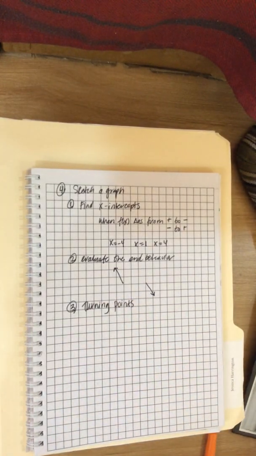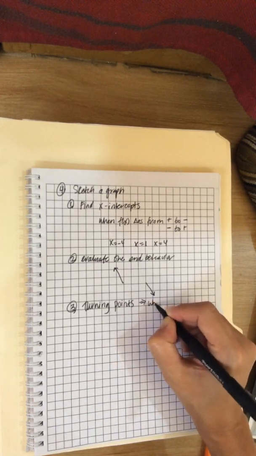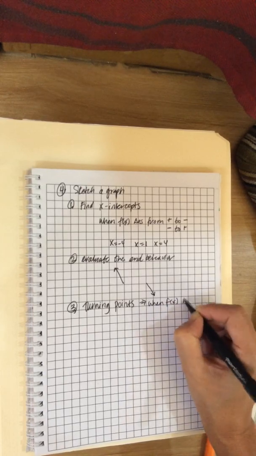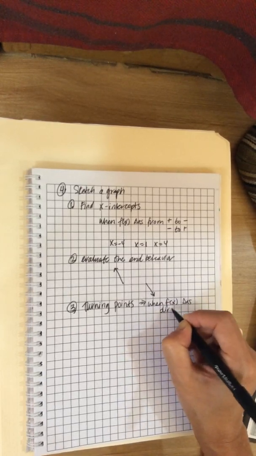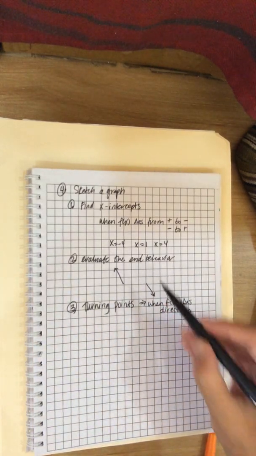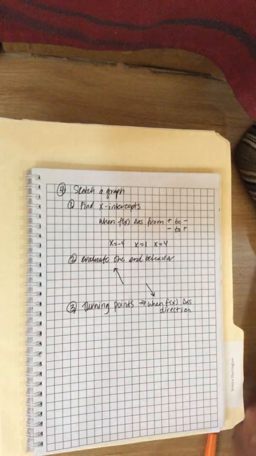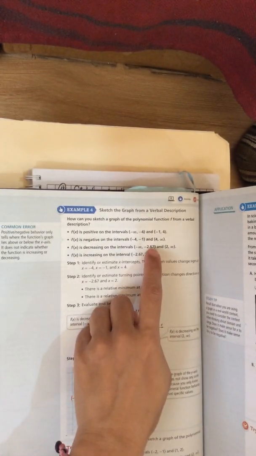Okay, so turning points are when the function changes direction. When f of x changes direction. So that means it has a positive slope for a while, and then changes to negative. Or in this case, it's negative for a while, and something happens, and it changes to positive. So when does the function change direction? Well, if we look here, we can see at negative 2.67, it changes from decreasing to increasing. And then again at 2, it changes from increasing to decreasing.